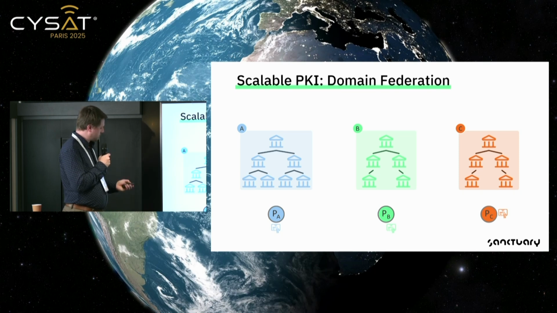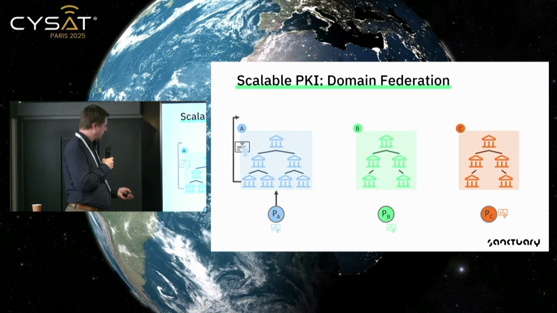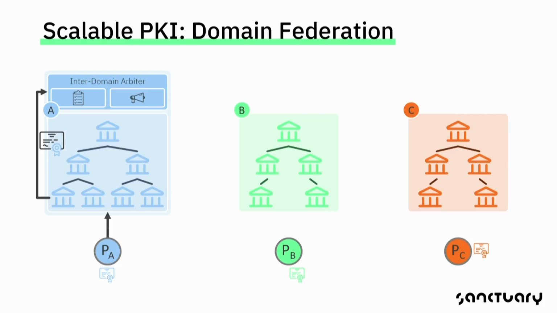Basically, usually at the beginning of its lifetime, this entity is requesting its certificate. It, of course, contacts its own PKI, and this one will check the identity and so on, and will issue a certificate for this principal here.